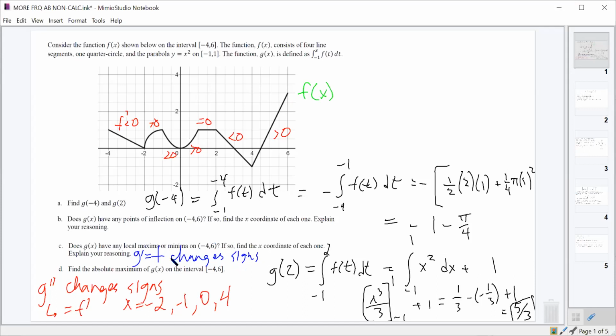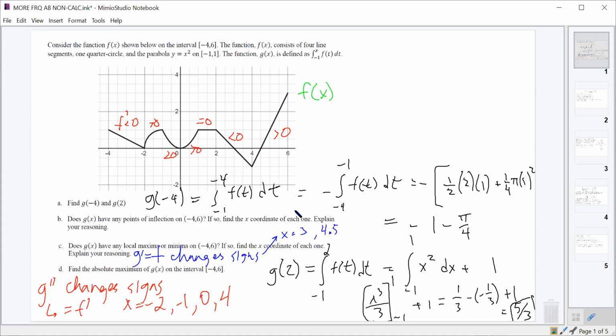So now we just care about when does F change signs. Well, F is positive, positive, positive, positive, positive. F becomes negative at x equals 3. And again, it switches from negative to positive at 4.5.